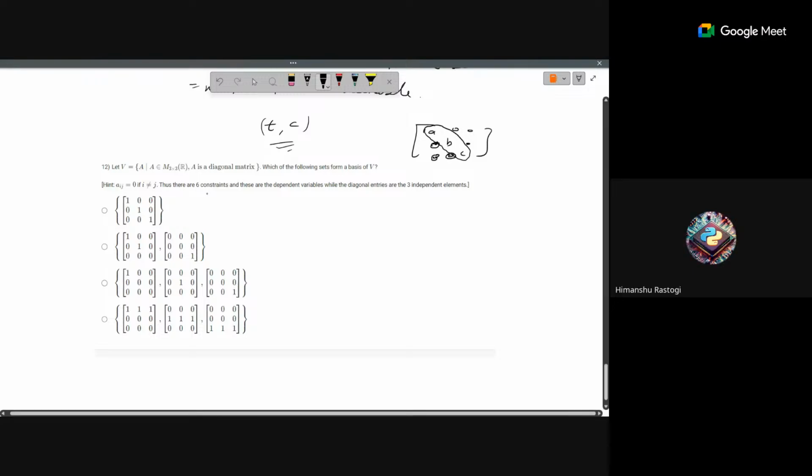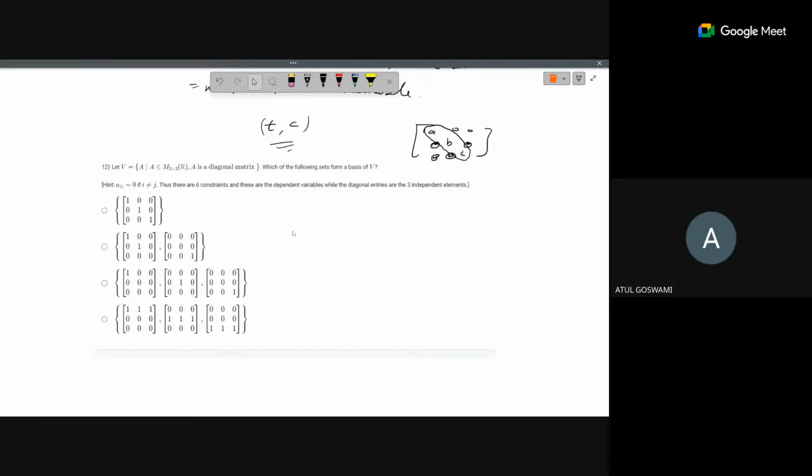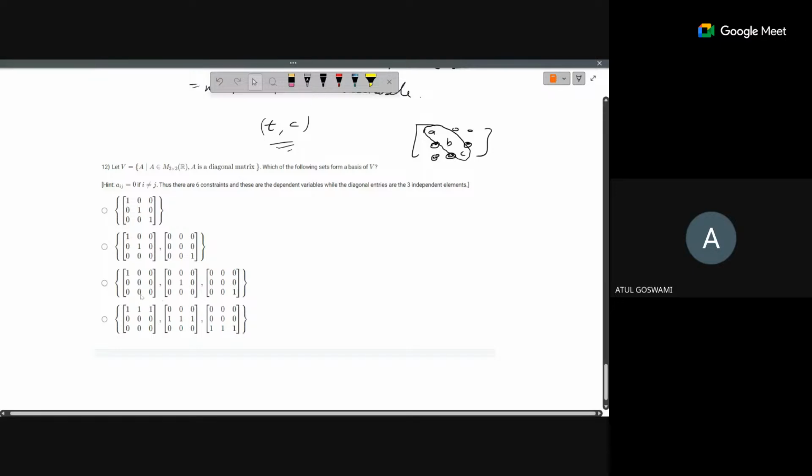In order to span all the diagonal matrices, we need only three real numbers A, B, C, right? So it is three dimensional, three independent matrices. Any doubt? Sir, the third option, right?